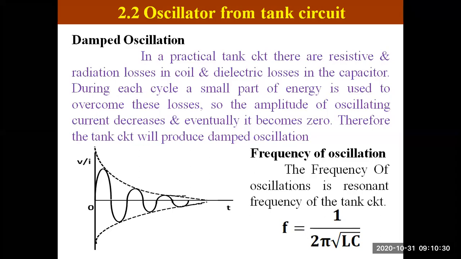Damped oscillation: we know that in the tank circuit we use a capacitor and an inductor. Inductor is nothing but a coil. It is built up by wire, and we know that as the length of wire increases, its resistance increases. Therefore this resistance opposes the oscillation developed.